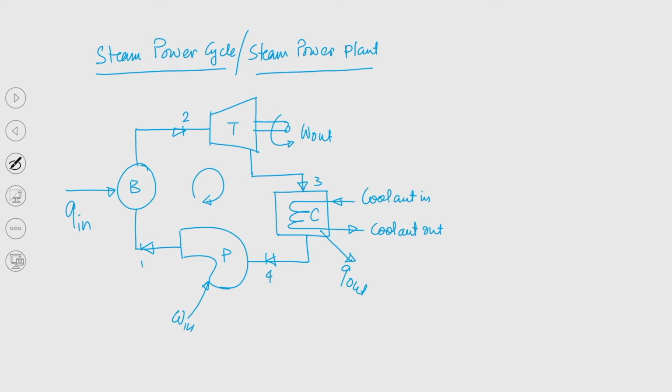If it is a diesel fired plant, then definitely the energy will come from the fuel. So, whether it is a coal fired plant or a diesel fired plant, in a thermal power plant this heat energy is coming from the combustion of the fuel.